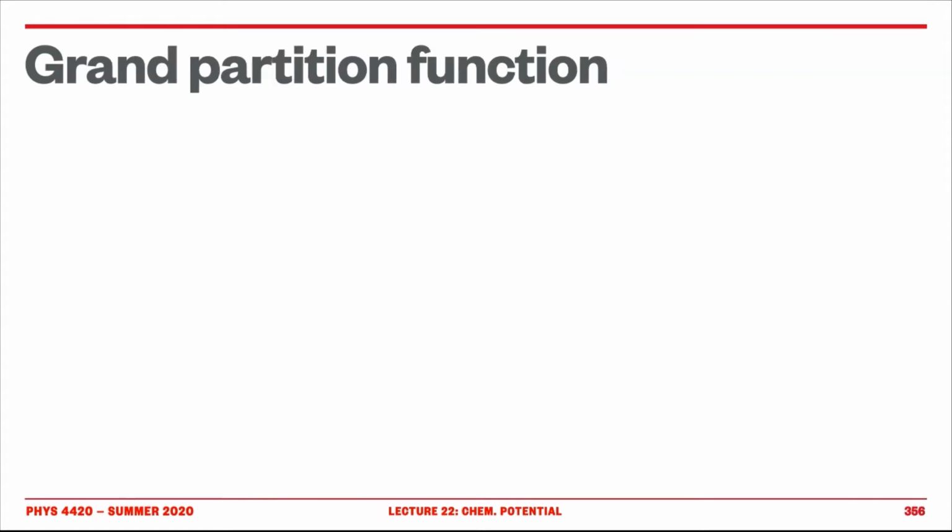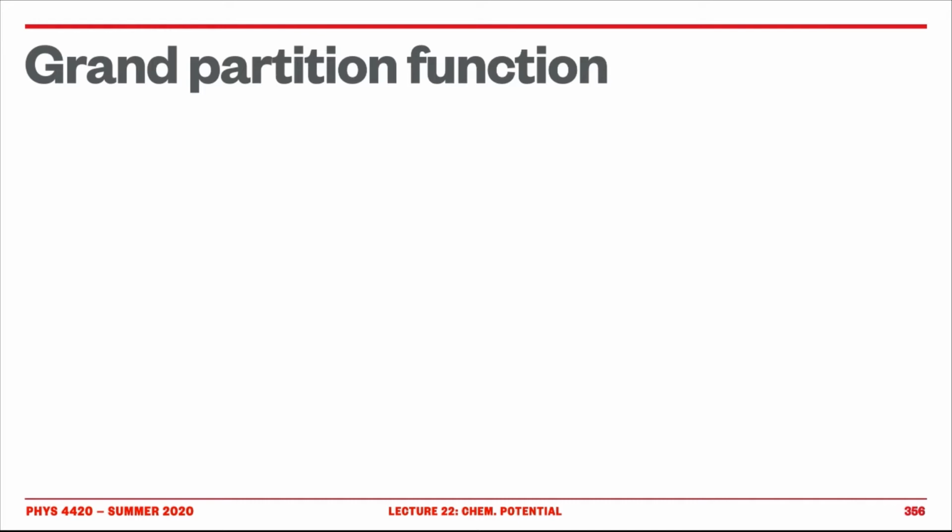Now, in the previous lectures, we've discussed quite a bit about the partition function. The partition function was basically the sum over all possible states, and the sum involved the Boltzmann factor. We were working in what we call the canonical ensemble, which is for a system that is in contact with a heat reservoir.